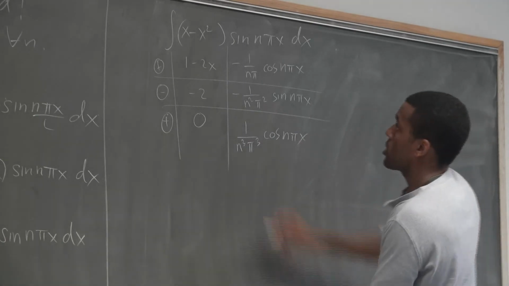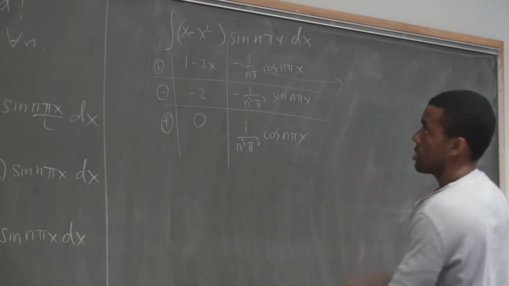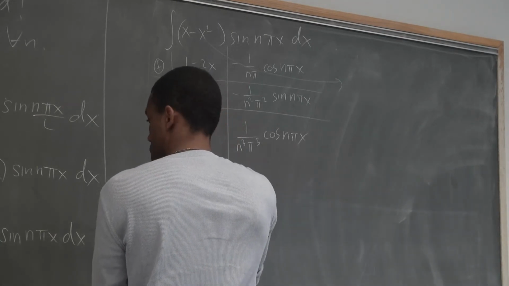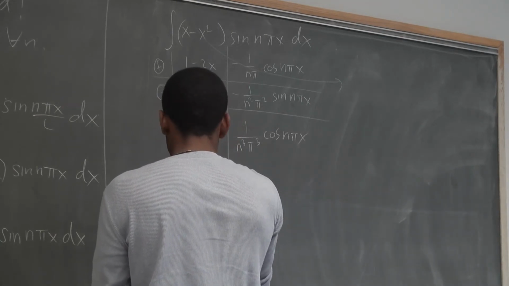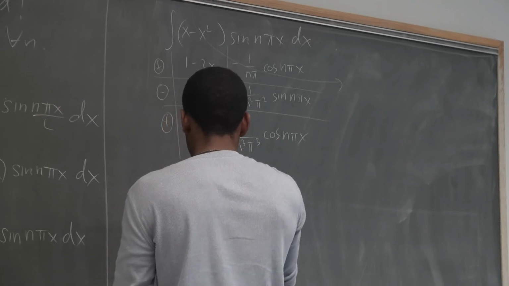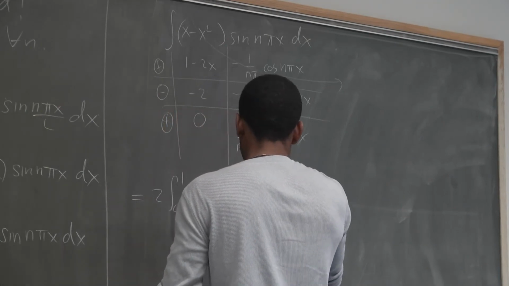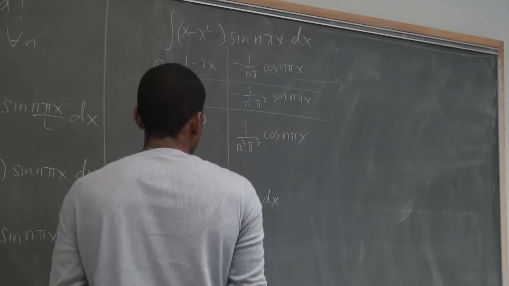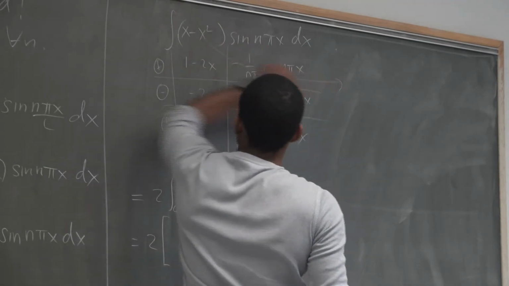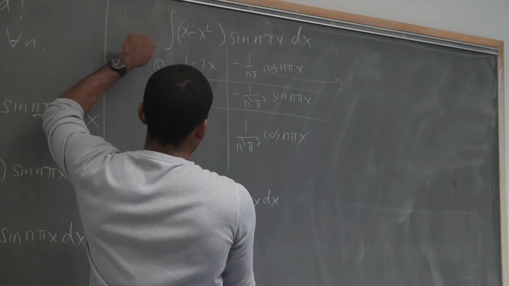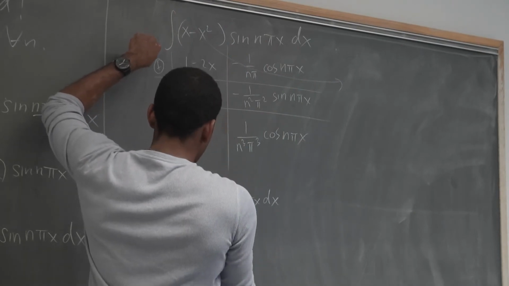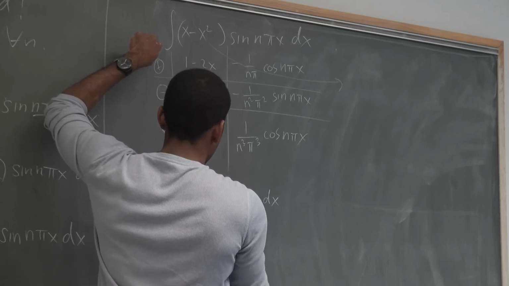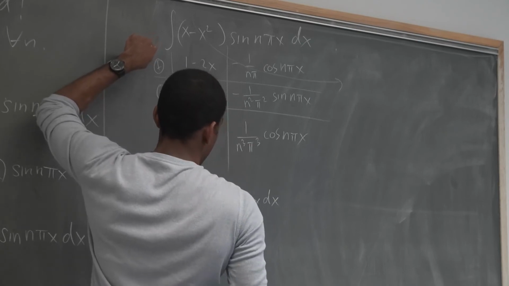Alright, so now we have 2 times the integral from 0 to 1 of x minus x squared sine n pi x dx. That's going to be equal to 2 times: the first term is this one times a positive, so negative x minus x squared over n pi cosine n pi x.